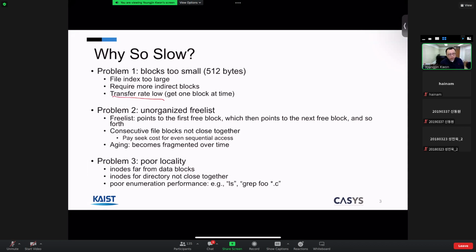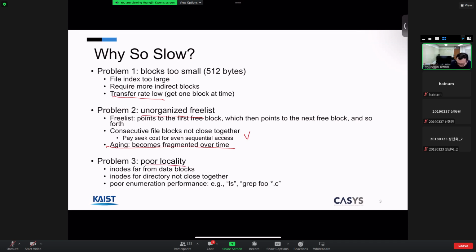You have to show that by measurement. Second, the file system uses a free list, which is unorganized. Using this free list causes fragmentation and aging. As time goes by and the system ages, it is more likely to be fragmented, and then performance drops. Show it by measurement.